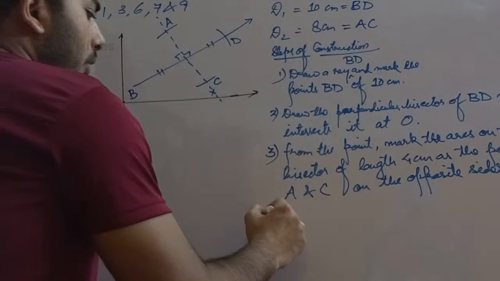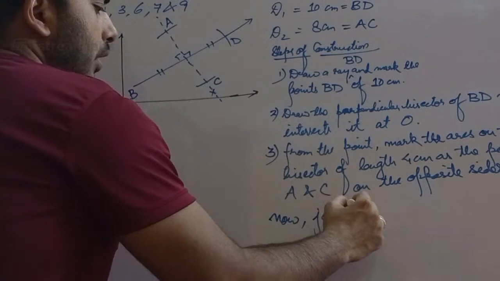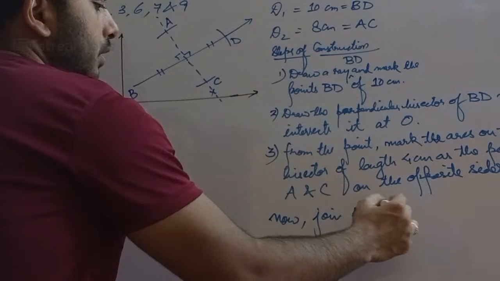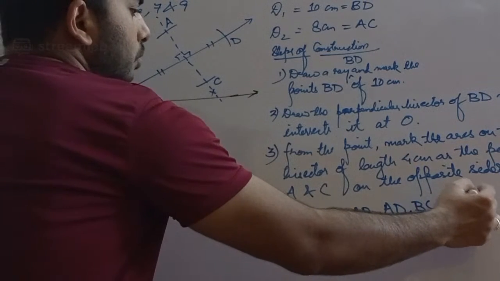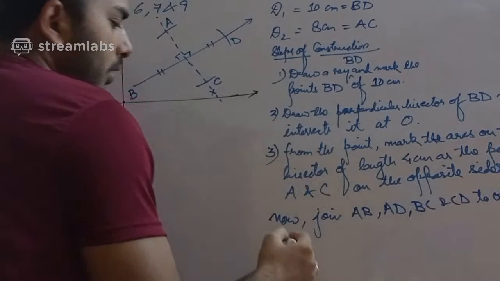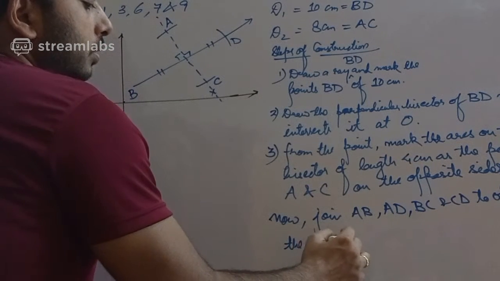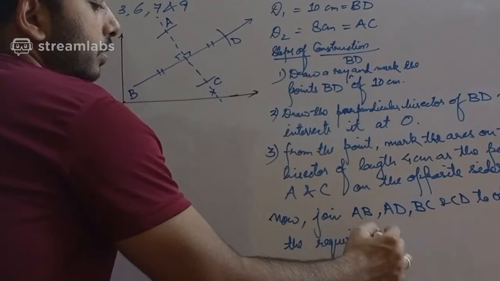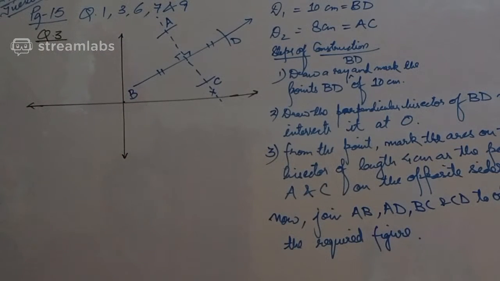So you can write: join AB, AD, BC and CD to obtain the required figure.